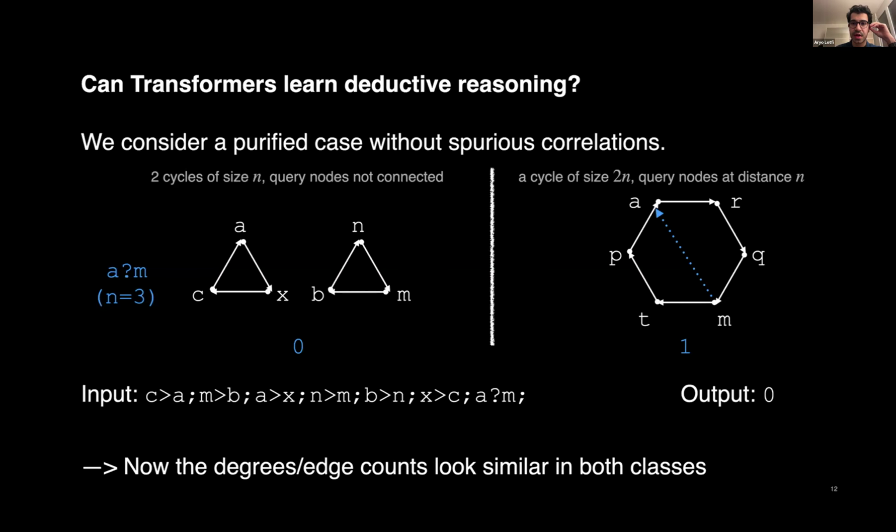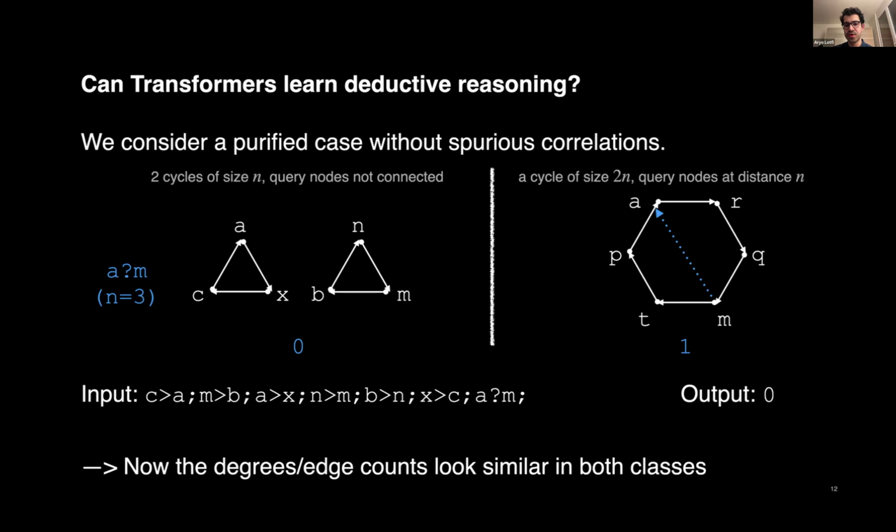If you have 2 cycles of size n, as on the left, we query for 2 nodes in 2 different cycles that are not connected. For example, we ask about A and M in the left example, and the label is 0 because they're not connected. When we have one big cycle of size 2n, we query for 2 nodes at distance n from each other. In this example again, A and M, and the label is of course 1.